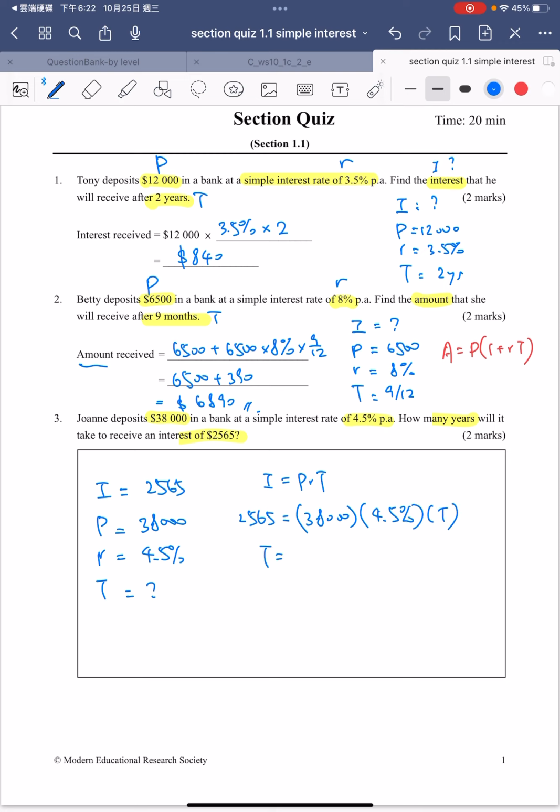So now we can move in the subject and divide all the things to the left hand side. So 2565 divided by 38,000, and then you divide it by 4.5%. So use your calculator.